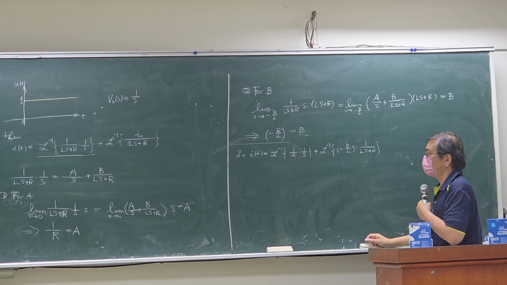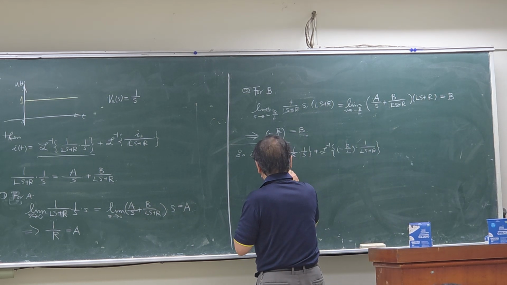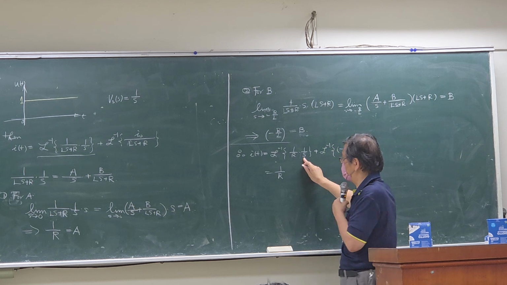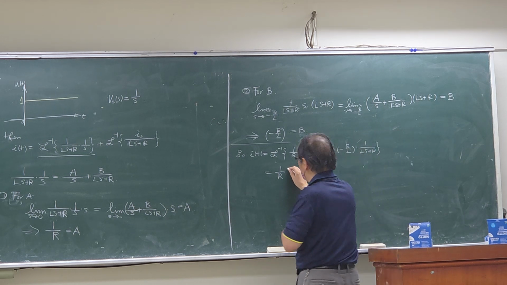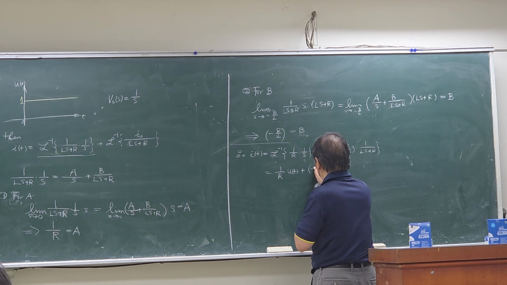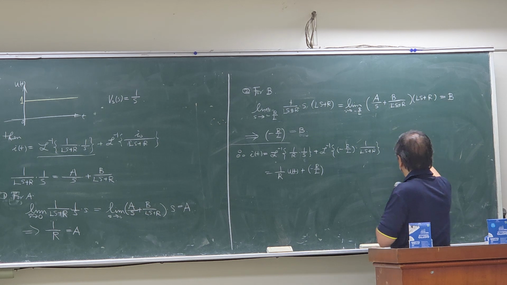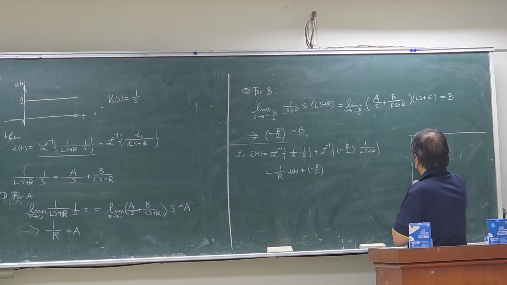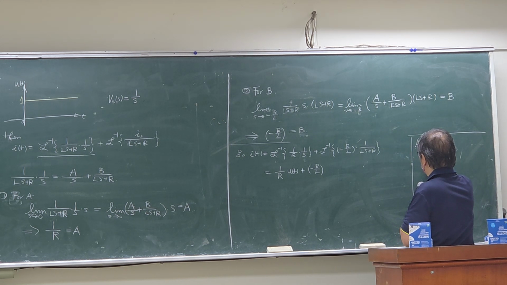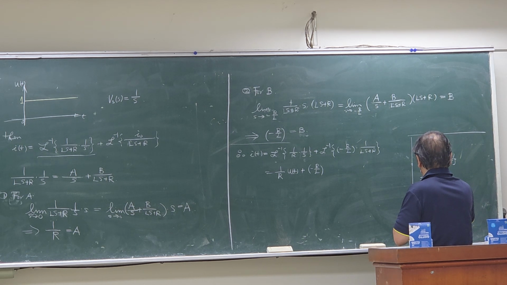So that's equal to 1 over R times the inverse Laplace transform of 1 over s, which is the unit step. And then this is equal to negative 1 over R times the inverse Laplace transform of 1 over (s plus R). So let's divide through by L.